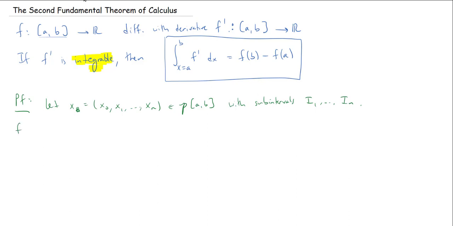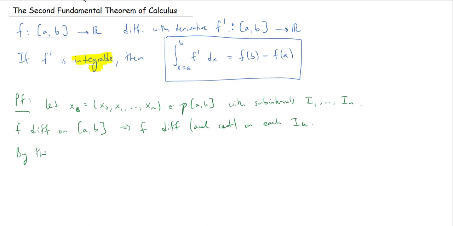So f differentiable on the entire closed interval [a, b] implies f is differentiable and continuous, because differentiability implies continuity on each I_k, say. Well, once you have differentiability and continuity on the entire interval, then we can apply the mean value theorem.